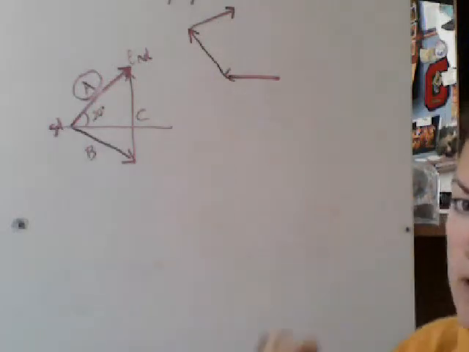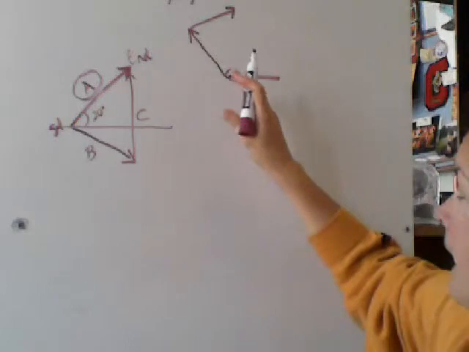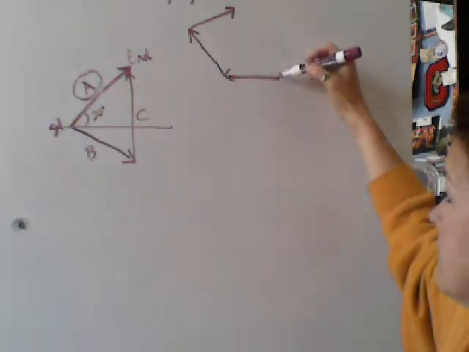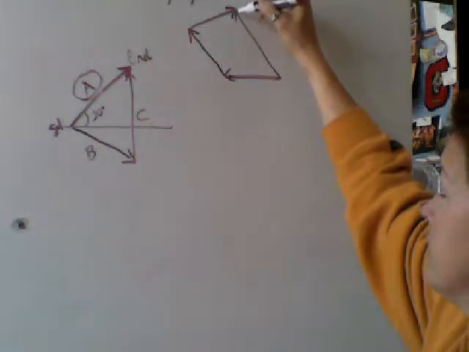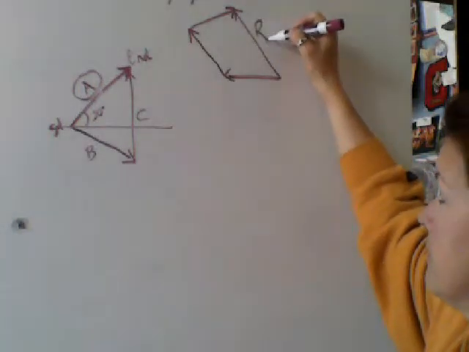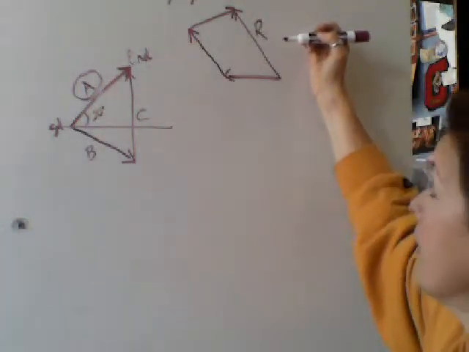So again, we drew them all head to tail, and then the resultant vector will go from the starting point to the ending point. And so this would be the resultant vector.